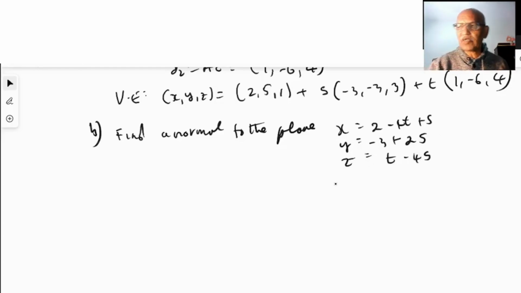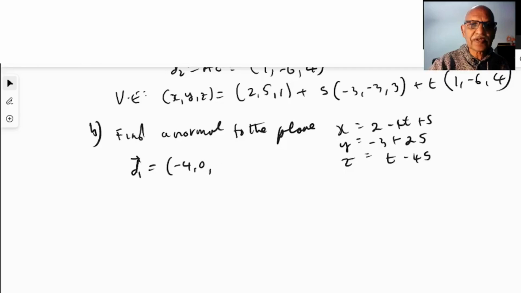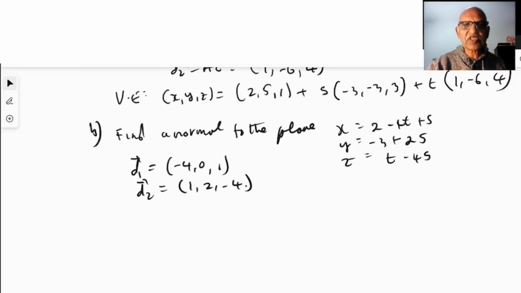So we have parametric equations, therefore I have to find the two direction vectors. The first direction vector will be the coefficients of t, which are (-4, 0, 1). Direction vector 2 will be the coefficients of s, which are (1, 2, -4).